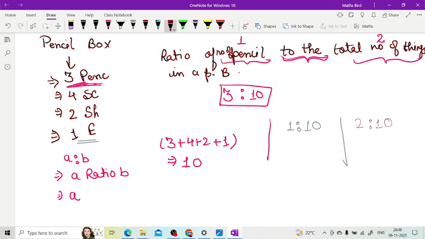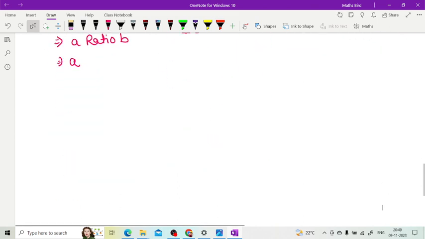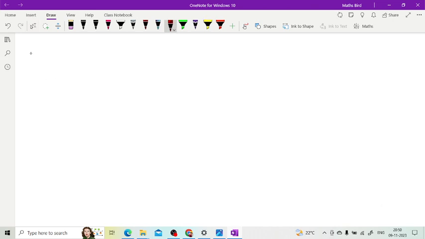Now the second thing, how we will solve the question. Suppose a question like they are asking, check whether the given ratios are equivalent or not. Suppose I am writing it here. Check it is 1 ratio 7 and 7 ratio 14.